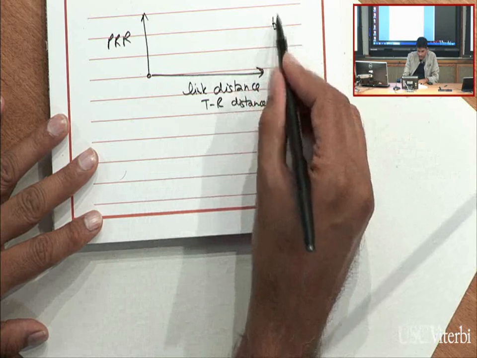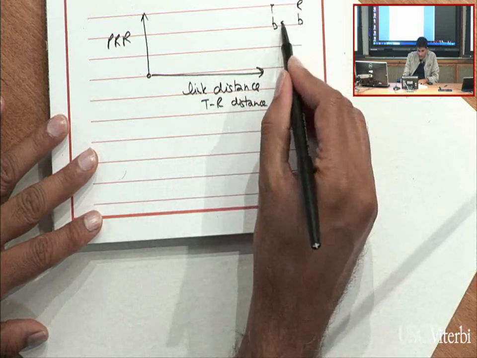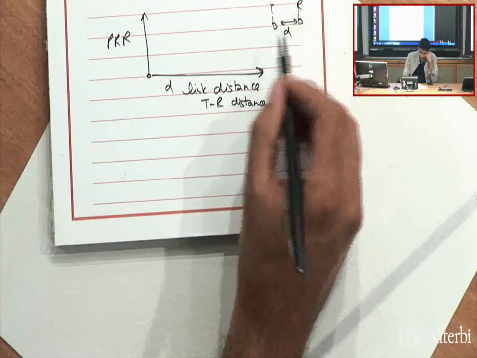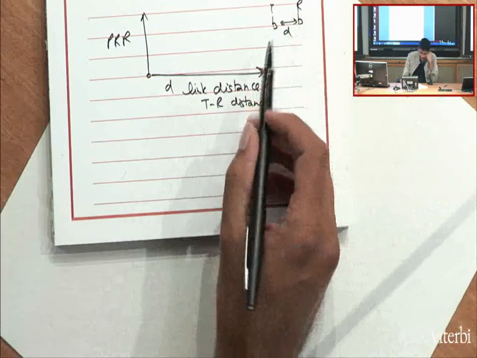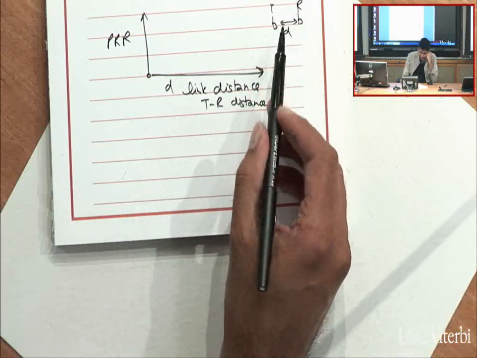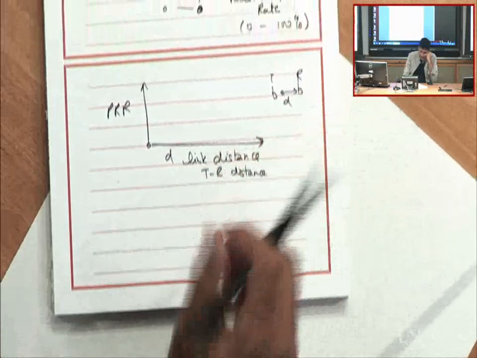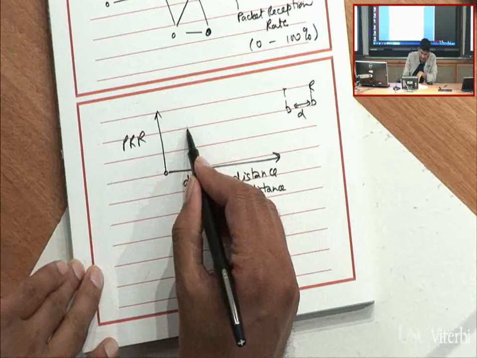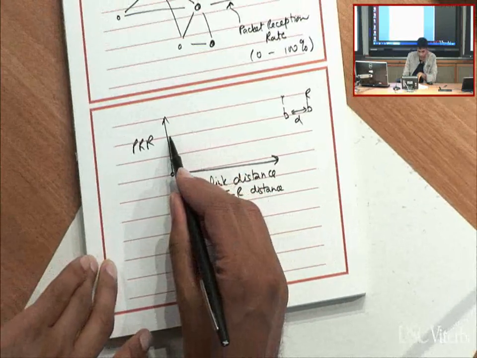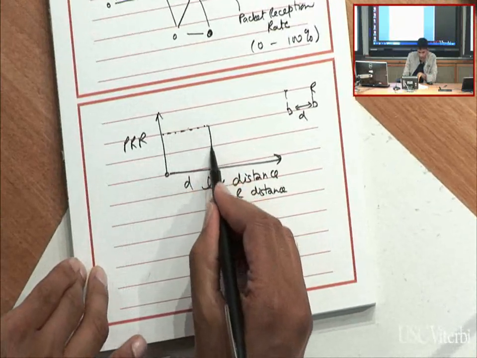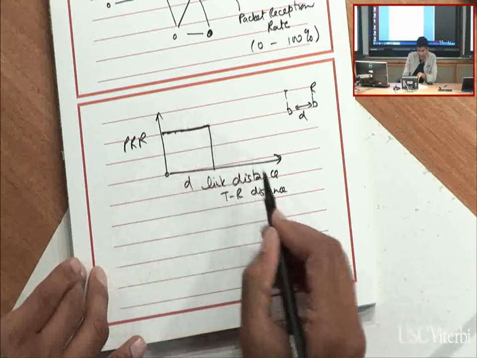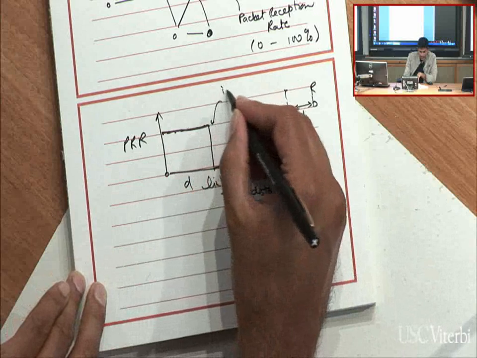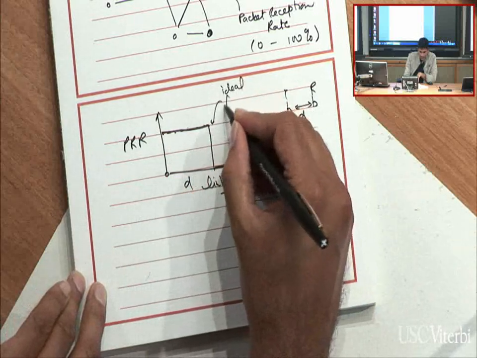So if I take the transmitter, here's my receiver, and here's the distance d, and I want to characterize what that packet reception rate looks like as I vary this distance d. Although in an ideal environment you might expect it to look something like this, like it's 100% up to some range, and outside it's 0, this would be an ideal, sometimes called a fixed radius model.